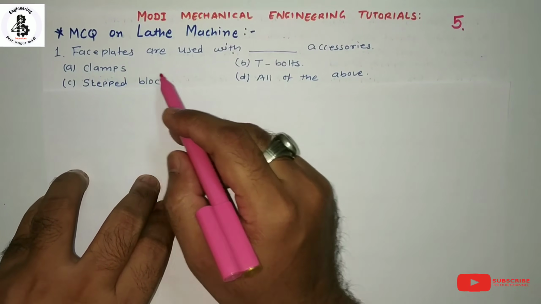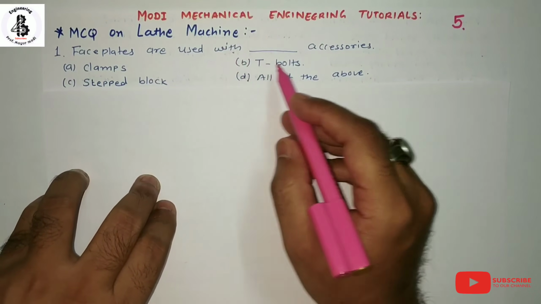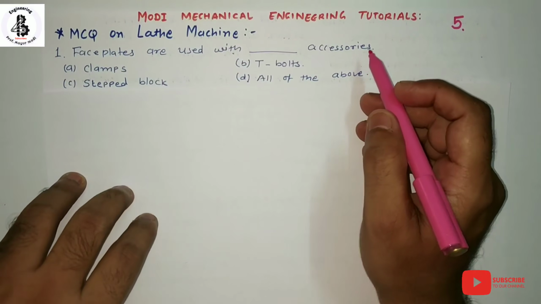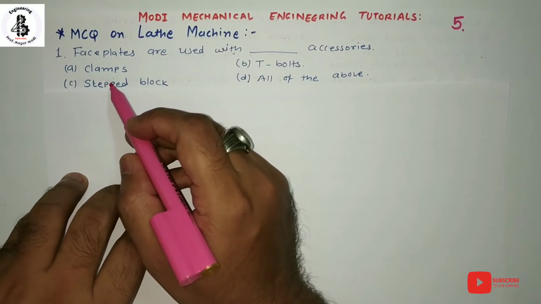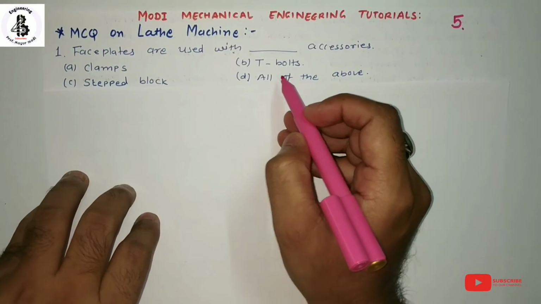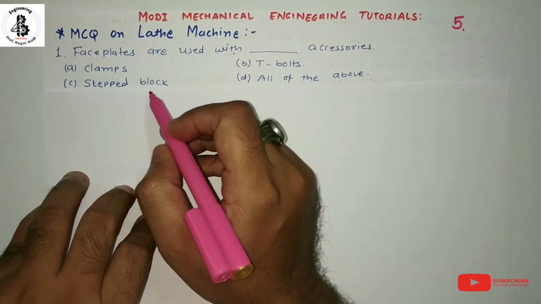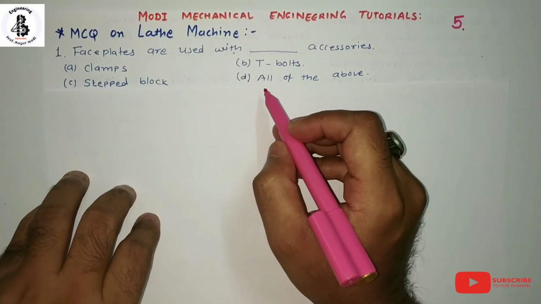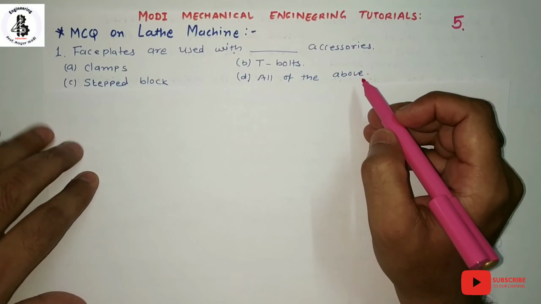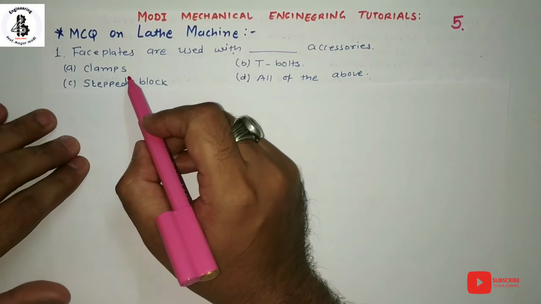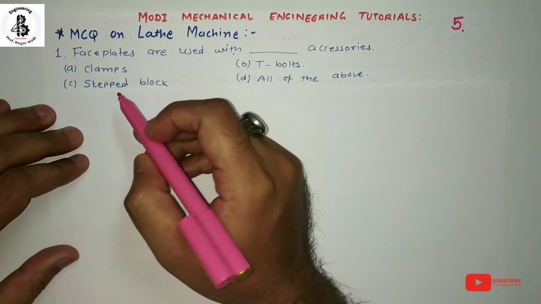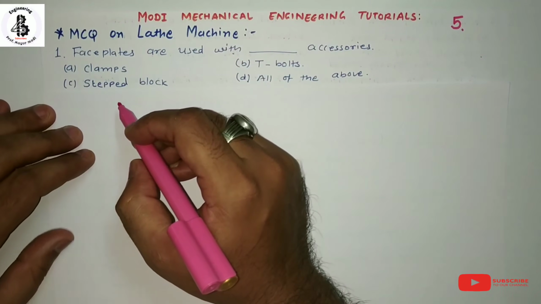Face plates are used with which accessories? Option A, clamps, option B, T-slots, option C, step blocks, and option D, all of the above. Basically, face plates are used with clamps, T-slots or step blocks.